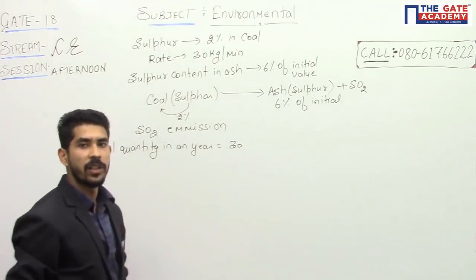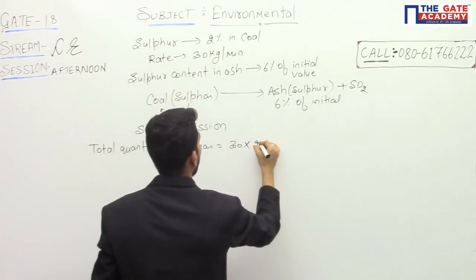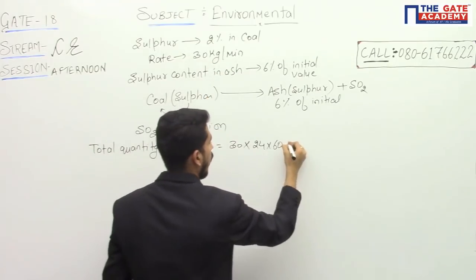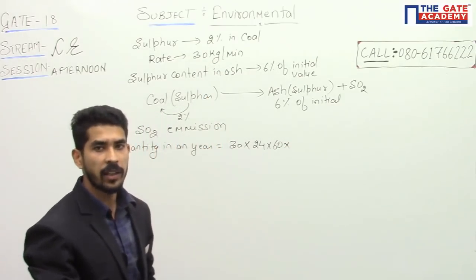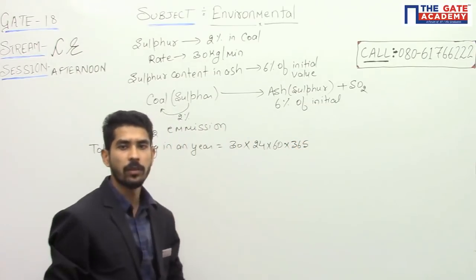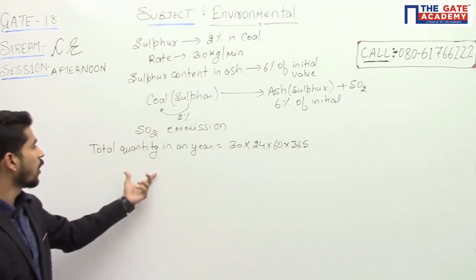Let us convert the minutes into days. That will be 24 into 60. This is kgs per day. And we are talking about the entire year, so into 365. This is the annual quantity of coal required.